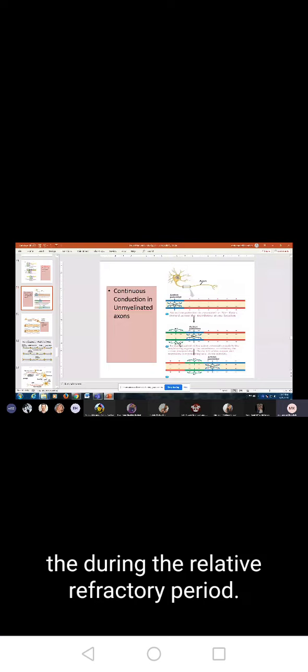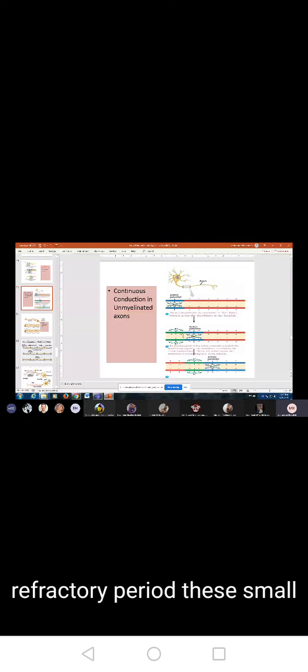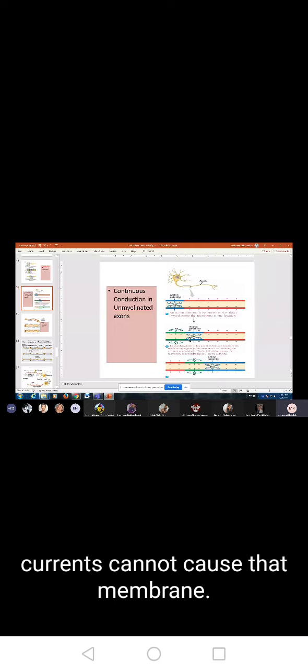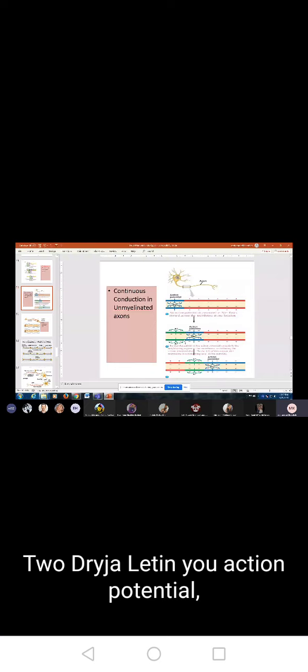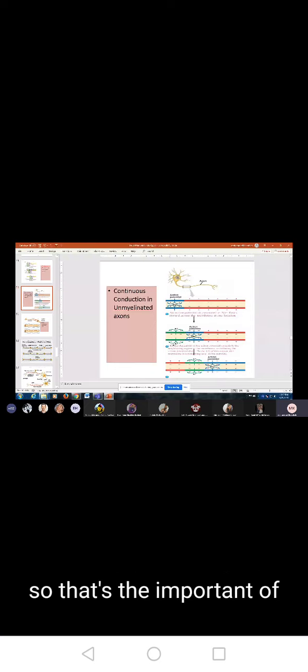So these small currents cannot cause that membrane to regenerate a new action potential. That's the importance of the refractory period. It ensures propagation of action potentials only in one direction, from the region where they have been generated toward the other terminals of the neuron.